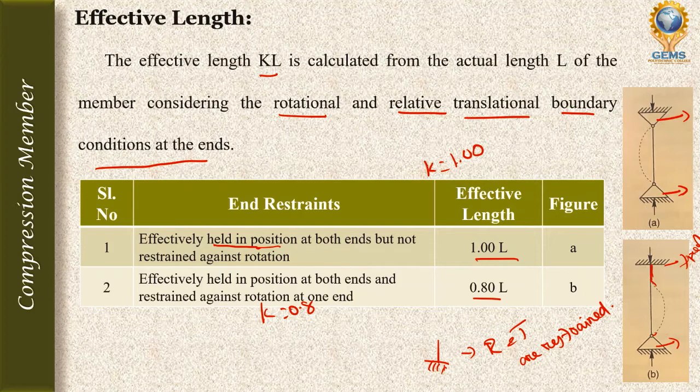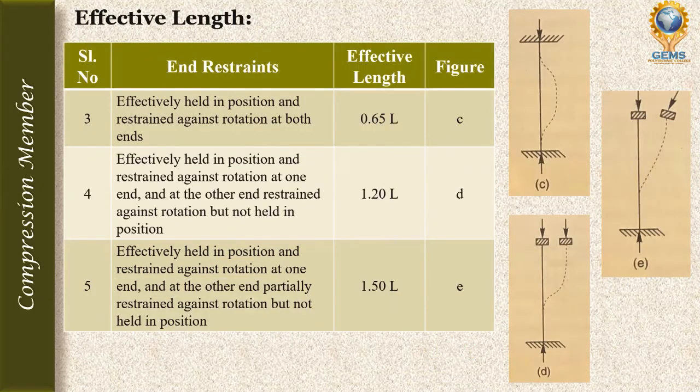So at one end, both ends are effectively held in position, and one end is restrained against rotation, so at one end it is fixed, and the other one is a hinge joint. Third condition is effectively held in position and restrained against rotation at both ends.